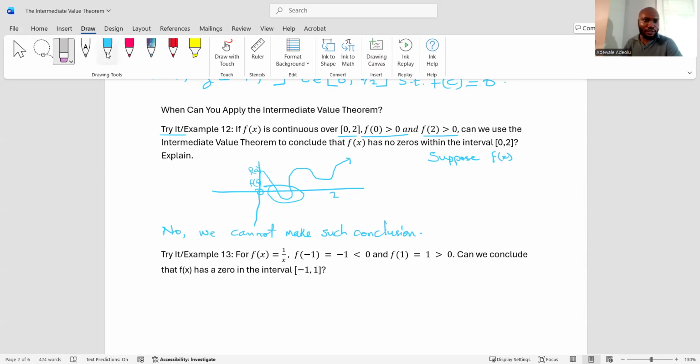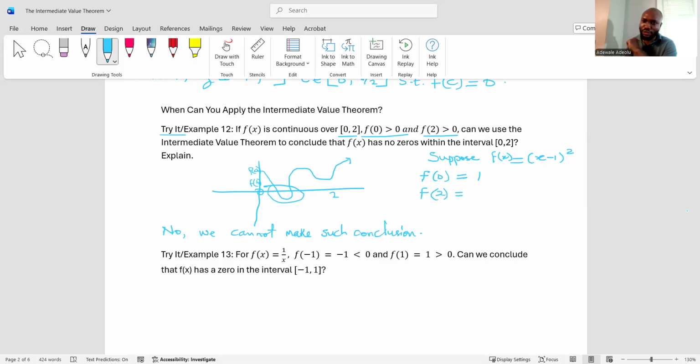Suppose f of x is equal to, say, (x minus 1) squared. Observe that that function is continuous on [0, 2]. It's a polynomial function. F of 0 is 1.